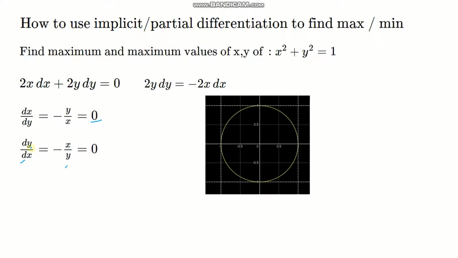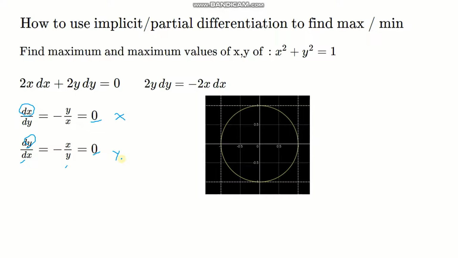For y, we need to set dy over dx equals 0. Some tips: if dx is in the numerator, then that is for the x maximum or minimum value. If dy is in the numerator, then it's for the y maximum or minimum value.